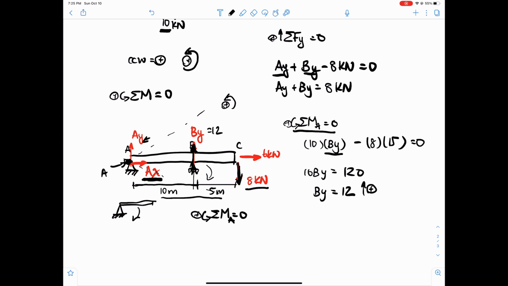Finally, if we go back to the previous equation, I should clarify that this is the sum of forces in the y direction equation, which we derived a while ago. So Ay plus By equals 8 kilonewtons, with By equal to 12, and then all we have to do is solve for Ay, which equals negative 4 kilonewtons.